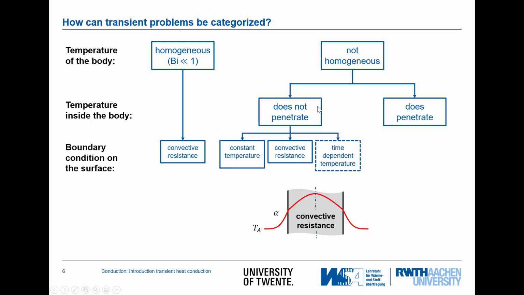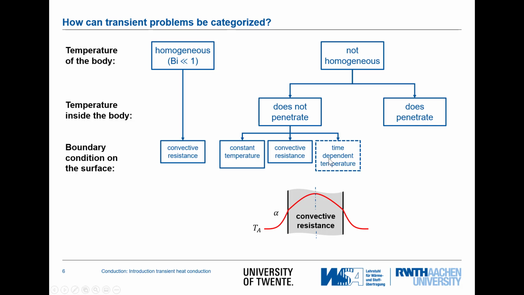Then if the temperature has not penetrated fully into the body, we can also have different types of boundary conditions, either a constant temperature. We can also look at the case of convective resistance, and we could also look at a time-dependent temperature on the surface. This is a very special case.